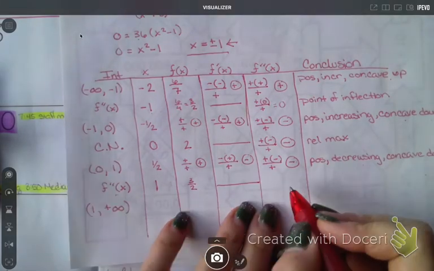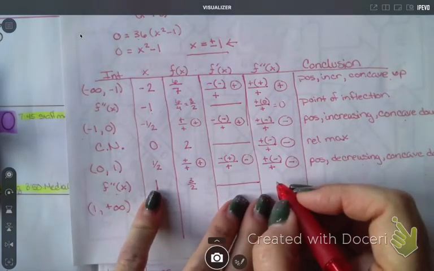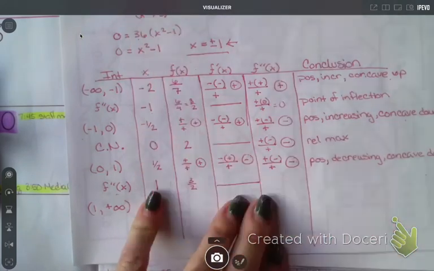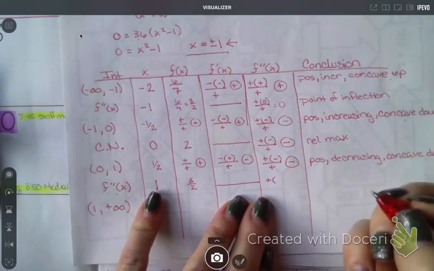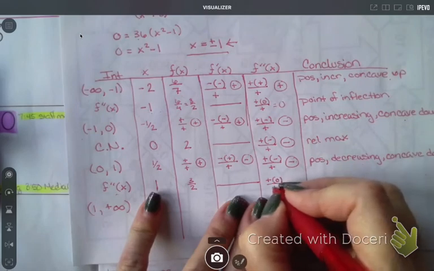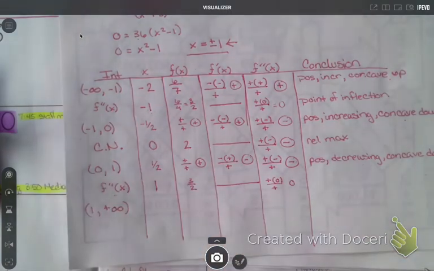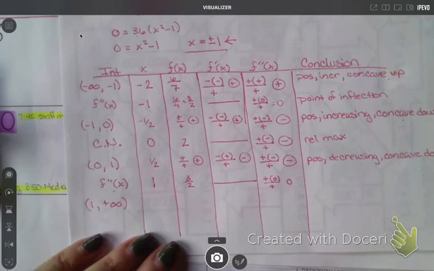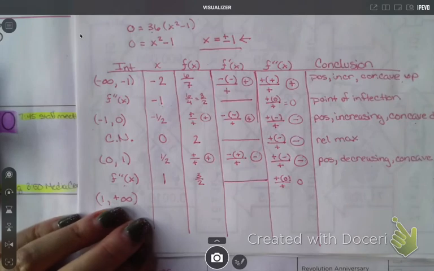So the second derivative test says if I throw it in, right? So throw it into your second derivative. So 36 is positive. The quantity would be what? 0 over a positive, so the whole thing is 0. So that doesn't tell me anything, right? Well, it could be. We don't know. So now we go from 1 to positive infinity. You guys want to do positive 2?